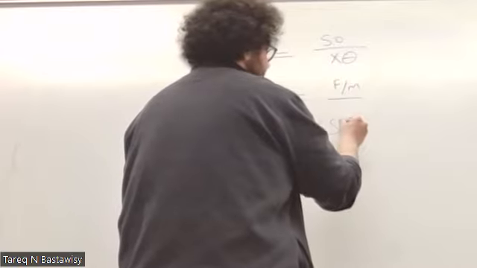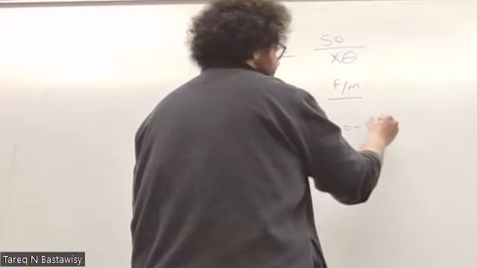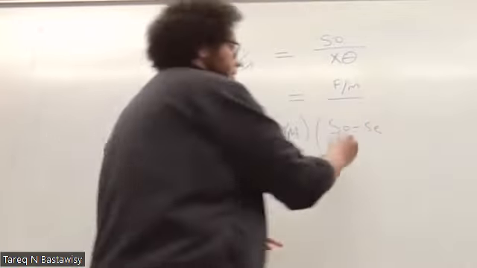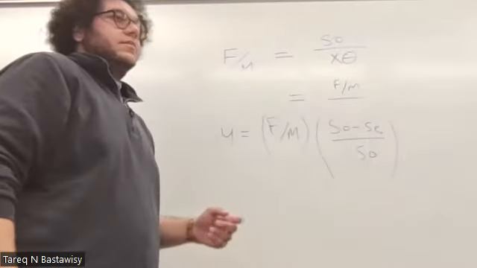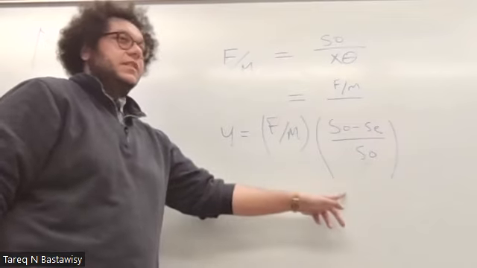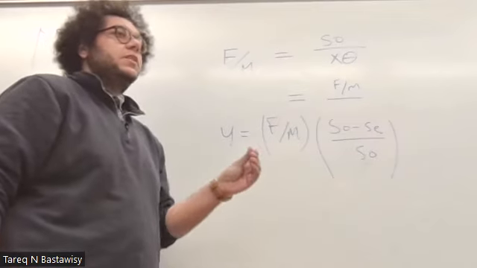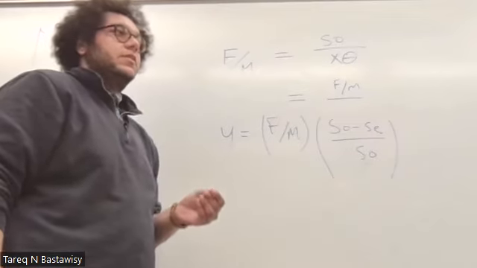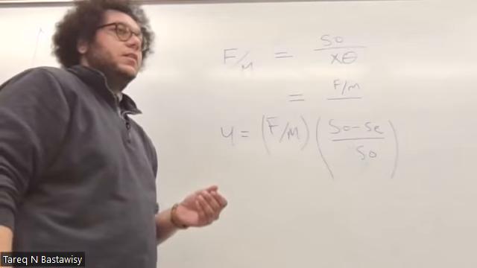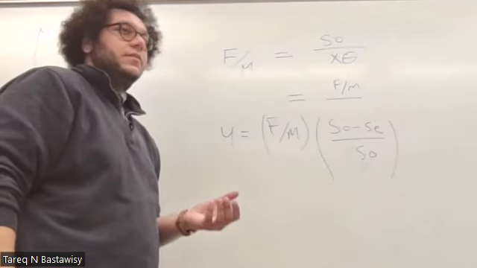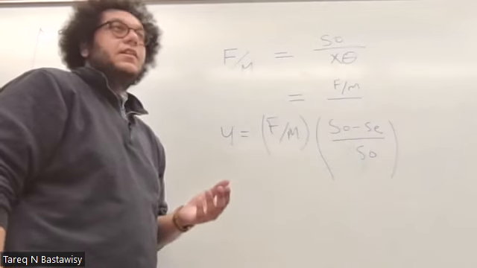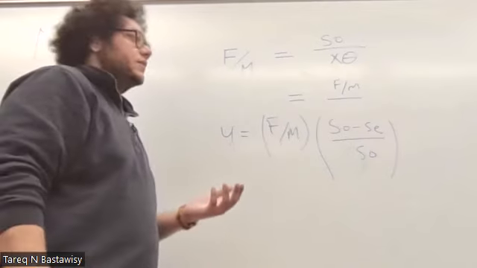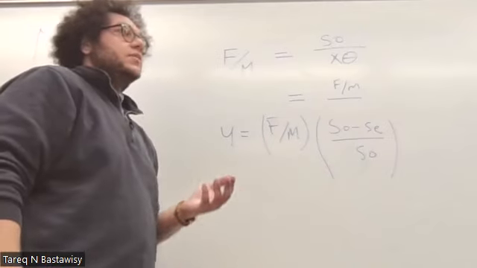You have S0 minus SE, divided by S0. That's what makes it a specific utilization, because you're not consuming all of the substrate that you have. You have some substrate that is still coming out of the solution.